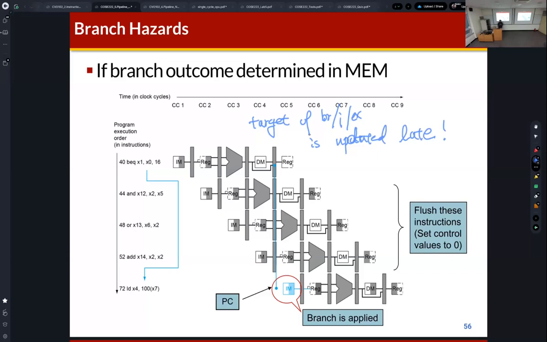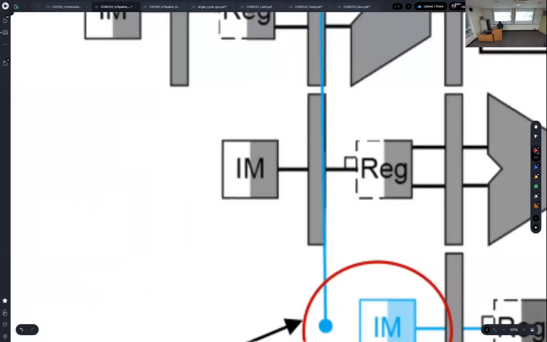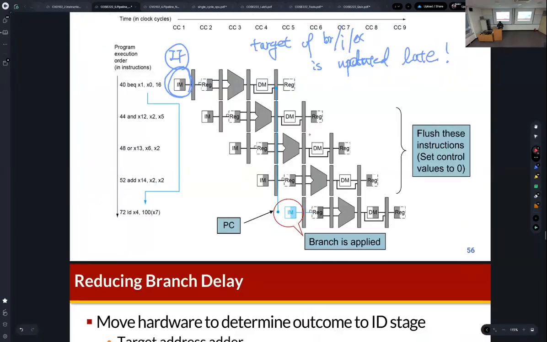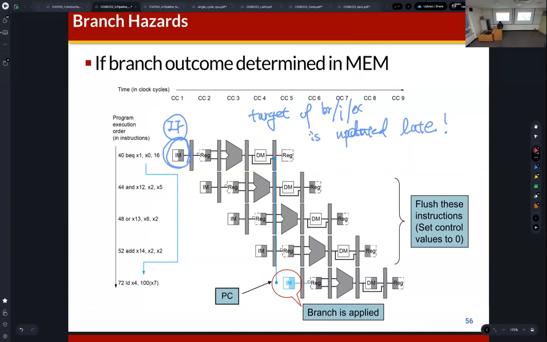Okay, so what does that mean? The instruction is fetched in the instruction fetch stage, right? And in order to fetch the next instruction, we can just update the PC as PC plus 4, right?